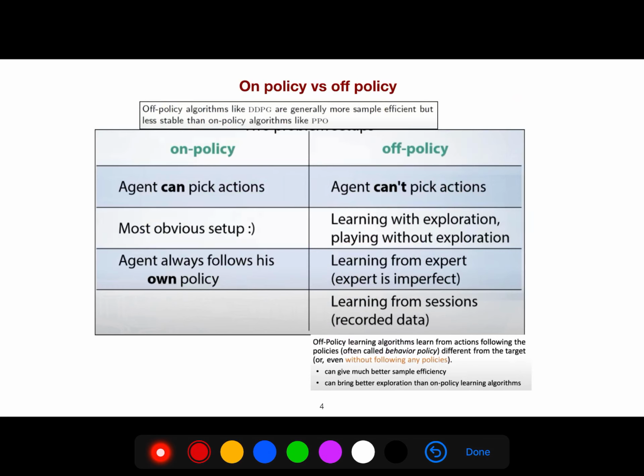And there is a difference between on-policy versus off-policy. Of course, it's more complicated than this; when you read lots of articles, you understand the difference. In on-policy, the agent can pick actions, but in off-policy, agents can't pick actions. So, learning with exploration, playing without exploration.